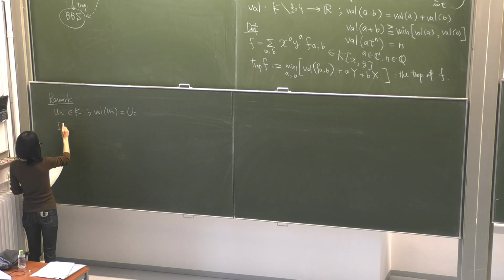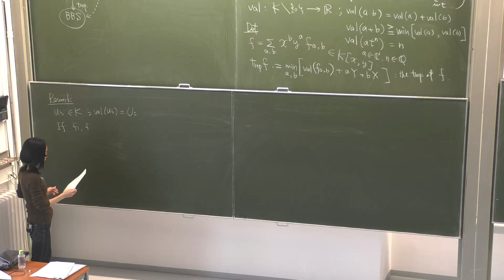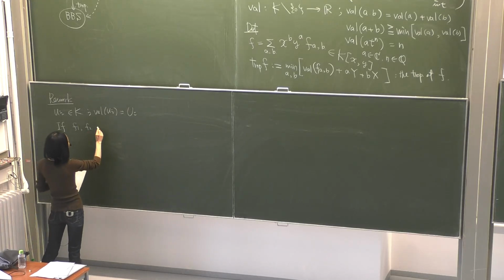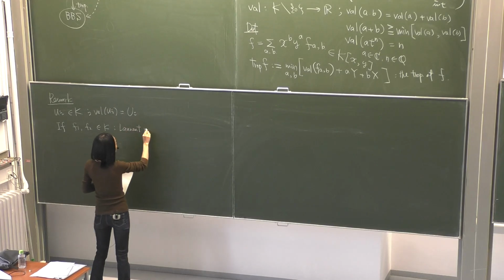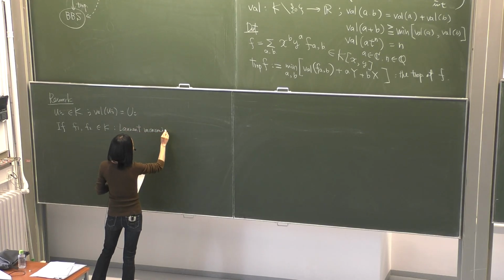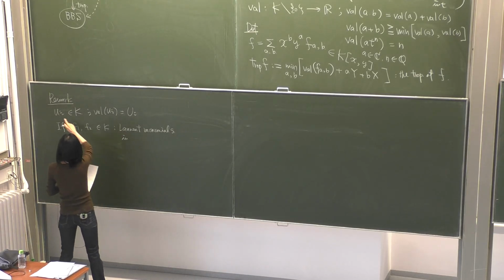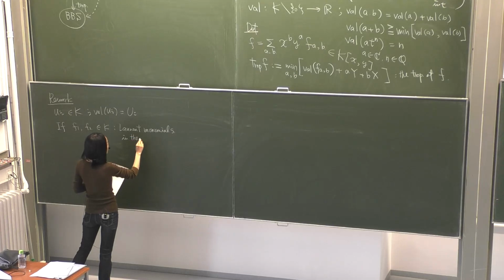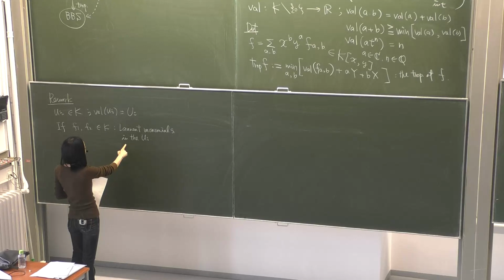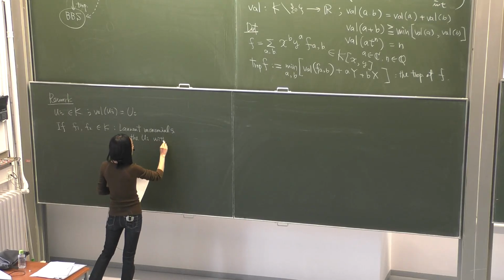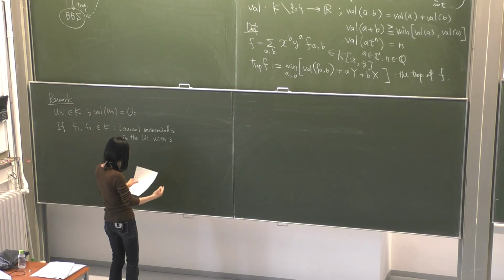Consider Laurent monomials in K in these variables u_i, and assume that these two have the same sign, plus or minus.